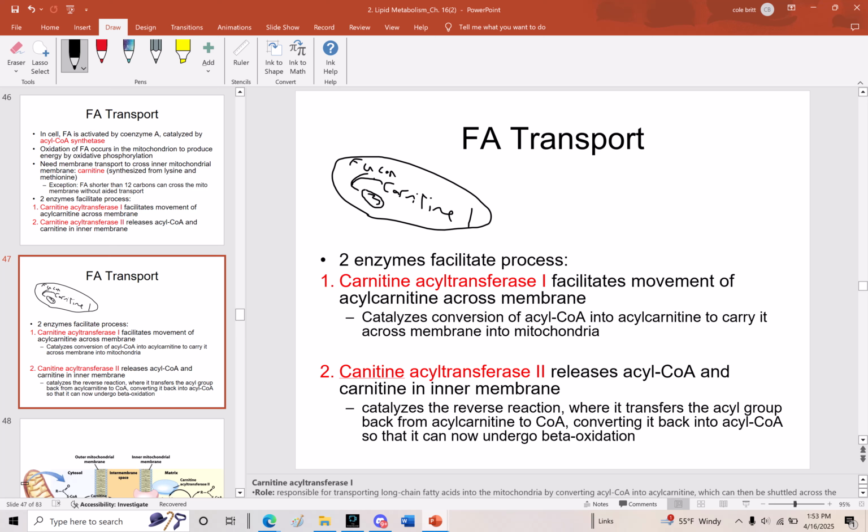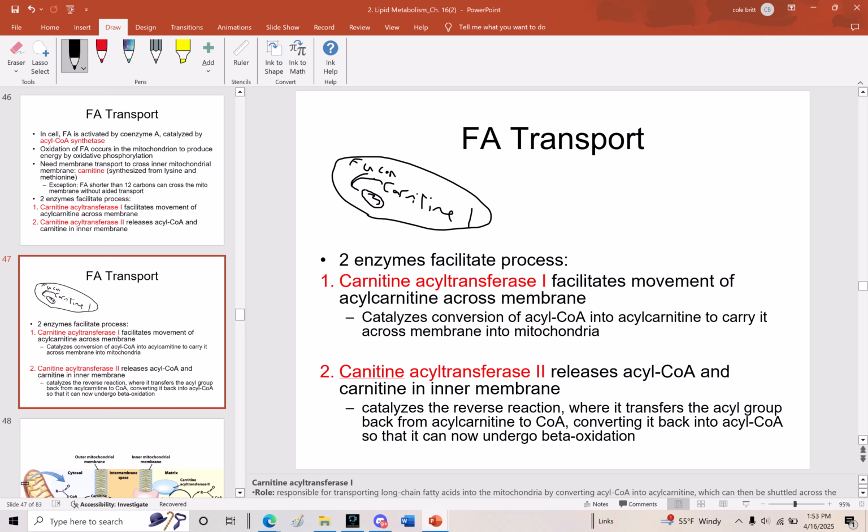It catalyzes the conversion of acyl-CoA into acyl carnitine. So it takes off the CoA and adds a carnitine to carry it across the mitochondria membrane. You just switched out the CoA for a carnitine. Then carnitine acyl transferase 2 brings the acyl carnitine in, releases the carnitine and adds back the CoA.